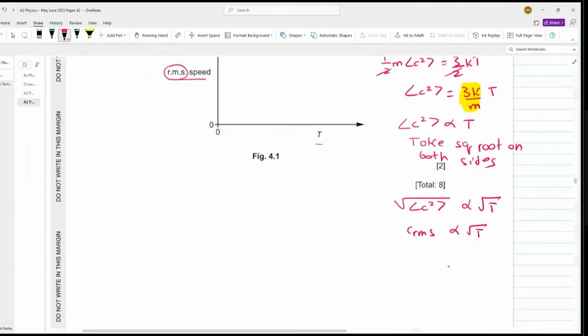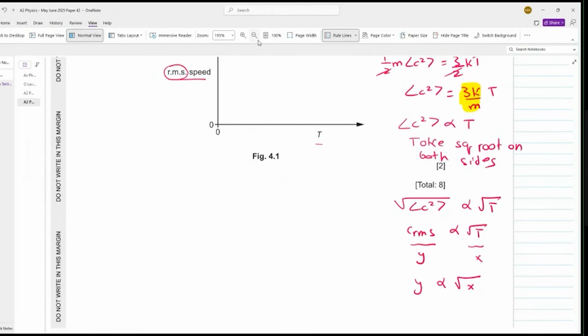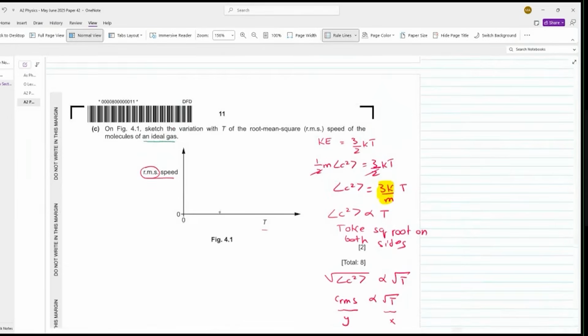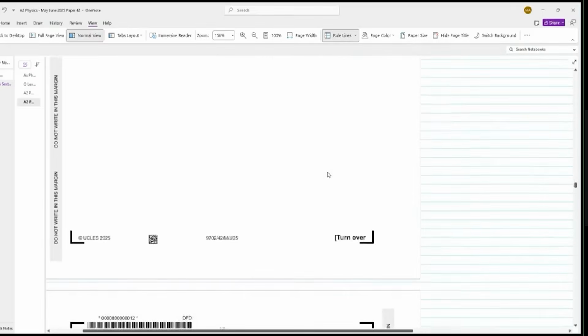So you have to plot CRMS on the y-axis, temperature on the x-axis. You will have to draw a graph of y is directly proportional to under root x. Whenever you have to draw a graph of y is equal to under root x, how will you draw the graph? Somewhat like this. Easy. Let's move further.